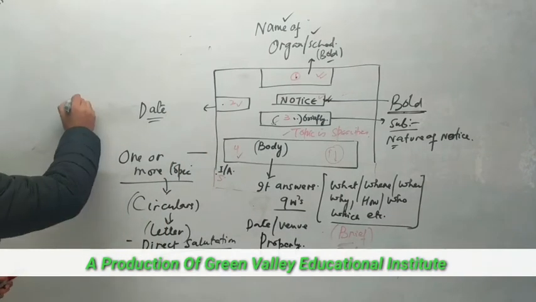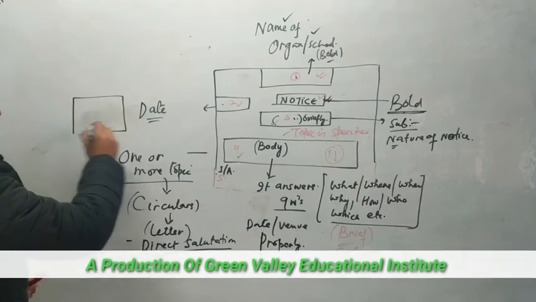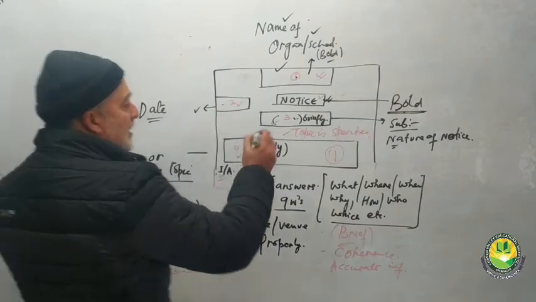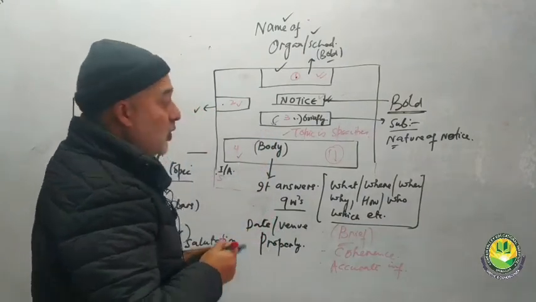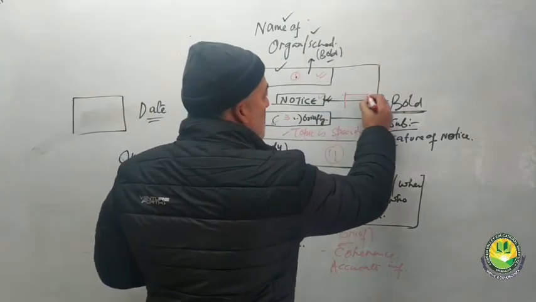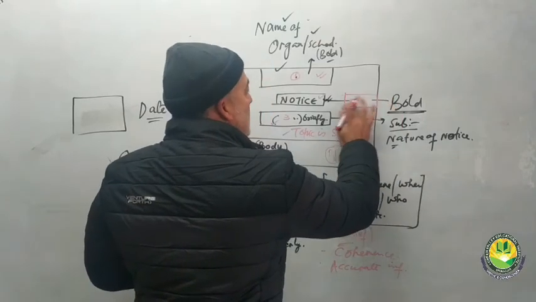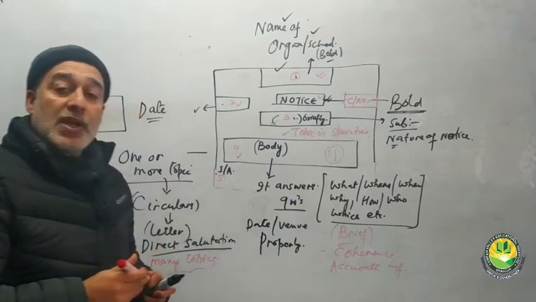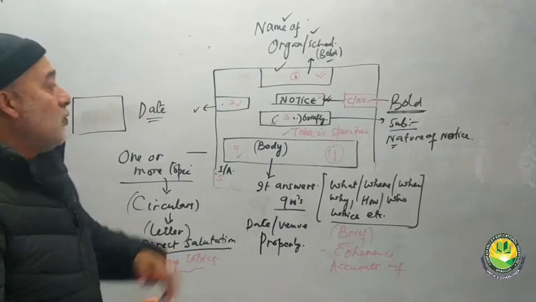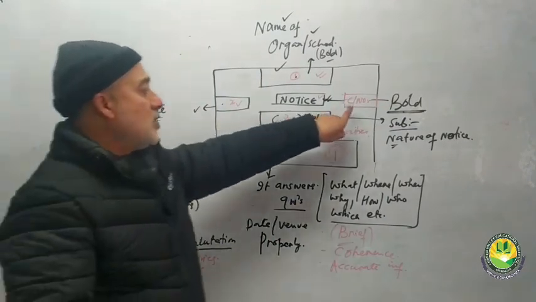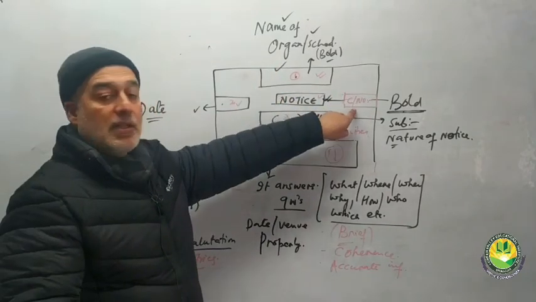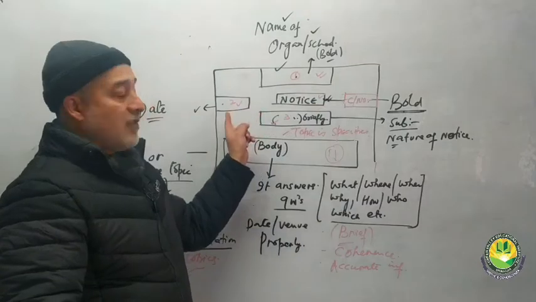When you are writing a circular, like notes, it has the name of the organization and the date, but in the case of a circular, you have to add one more important component, that is the circular number. Every circular has its number. Remember, we need to write circular numbers in circulars, and there is no need of writing a notes number in notes. This is one more difference.